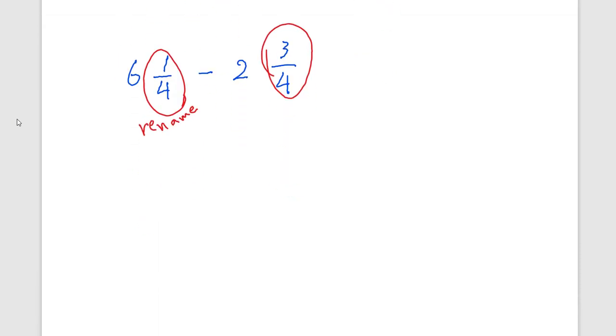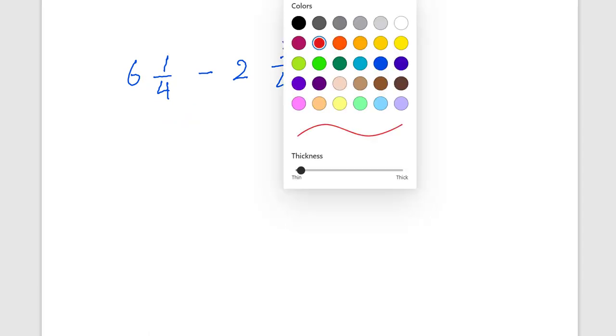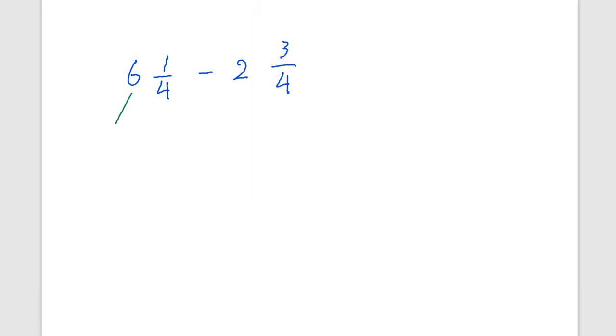Let's rename 6 and 1/4 to another form that we can use to subtract 3/4 from the fraction in it. So how to do this? We simply take the 6 and make it 5 and 4/4. We have another 1/4 here.